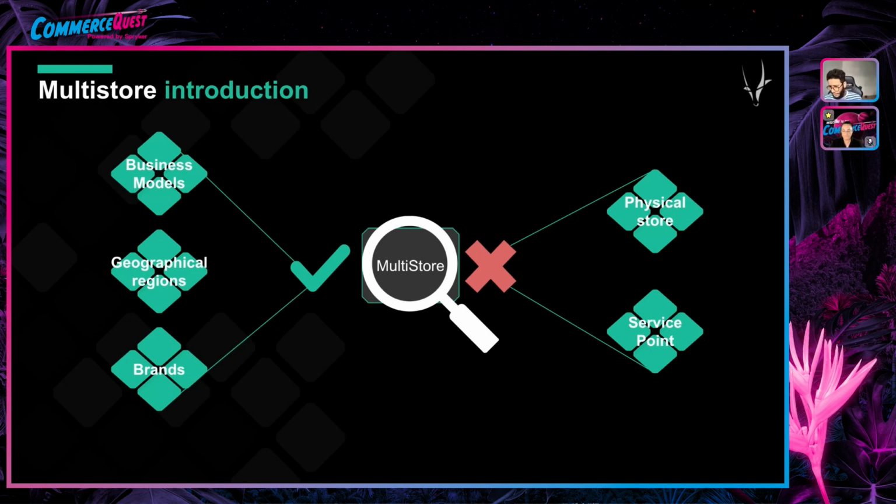There are some use cases where this was solved by merchants. There are some other use cases where it was solved by service points. Actually, the upcoming release for the service point will be tackling this topic from Spryker side, but you will need to wait until the release is there and it's done. However, in the meantime, if you have an actual physical store or a service point representation, multi-store is not a feature for it.